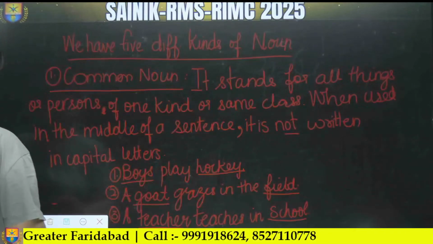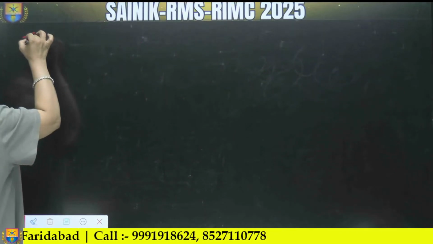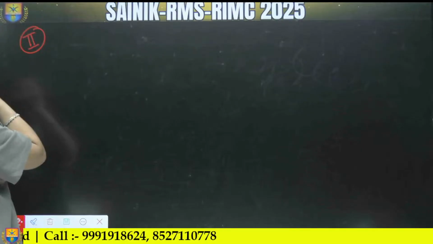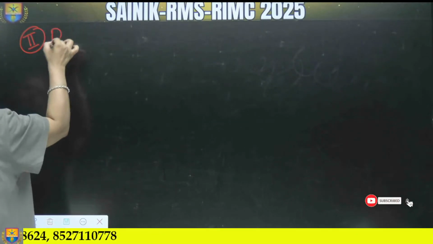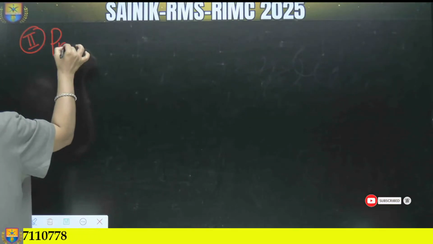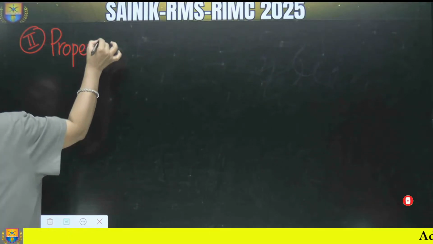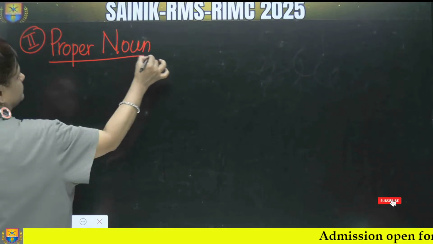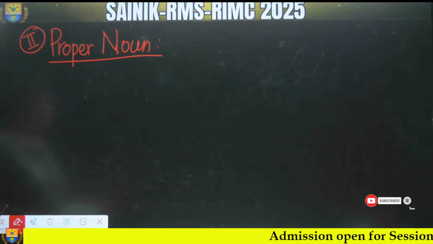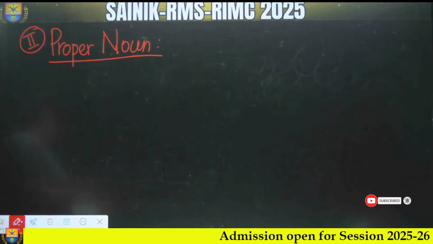Now let's go to the second one. Remember we are studying the 5 nouns. So now we are going to the second noun, that is your proper noun. Now what do we understand by proper noun?